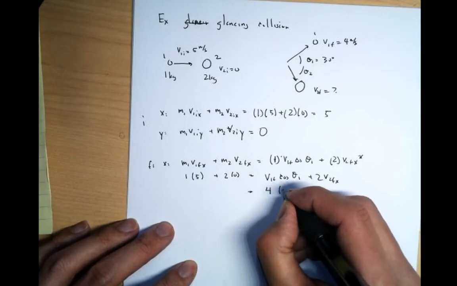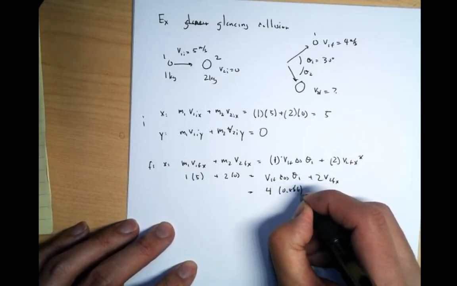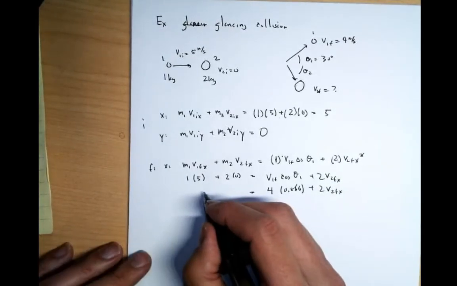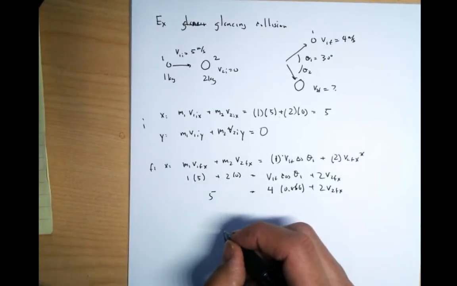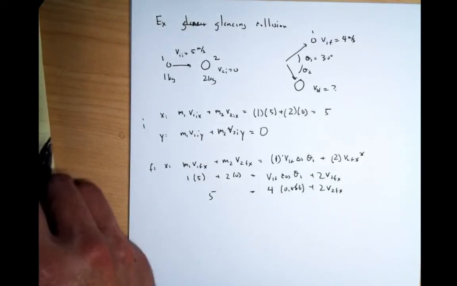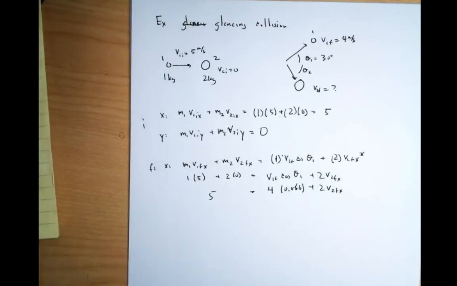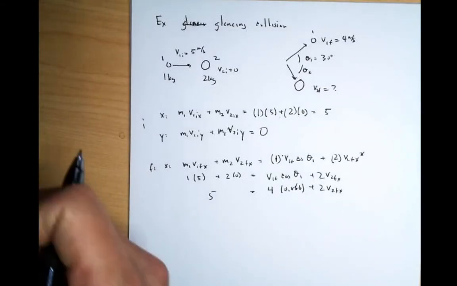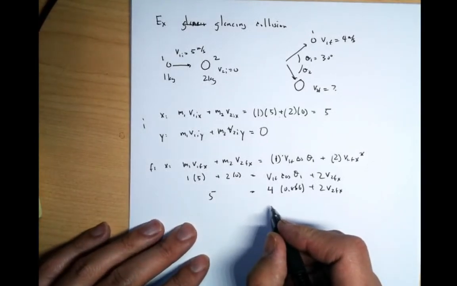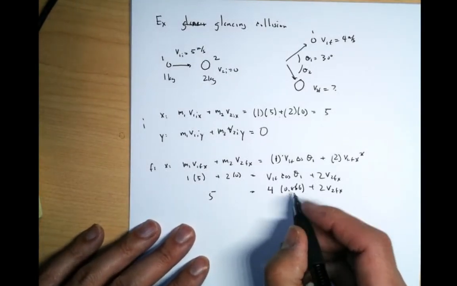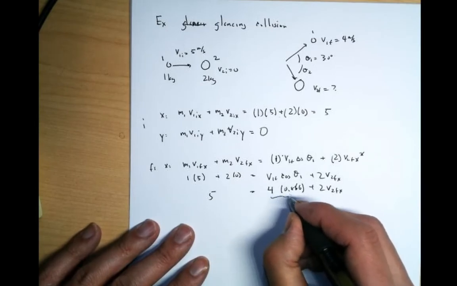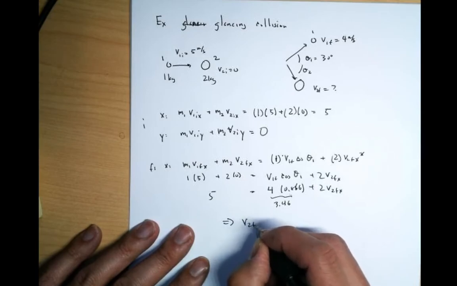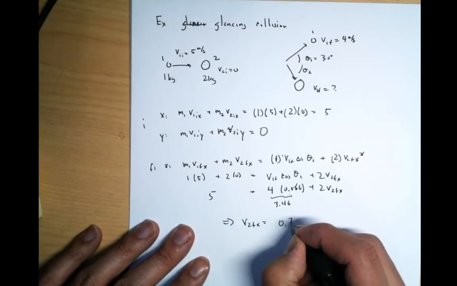Cosine 30 is 0.866, plus 2 v2fx, and this side is just basically 5. So we can go ahead and solve this thing right now. It turns out this is about 3.46, which implies that v2fx is equal to 0.77.